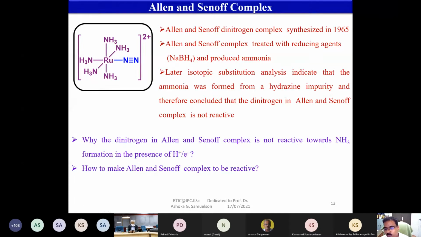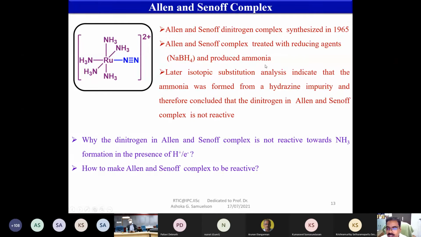A little later, the Chatt group from Great Britain, University of Sussex, carried out some control studies, and they said that sodium borohydride reduces an impurity, which is actually hydrazine. That is the source of the ammonia, not the dinitrogen.